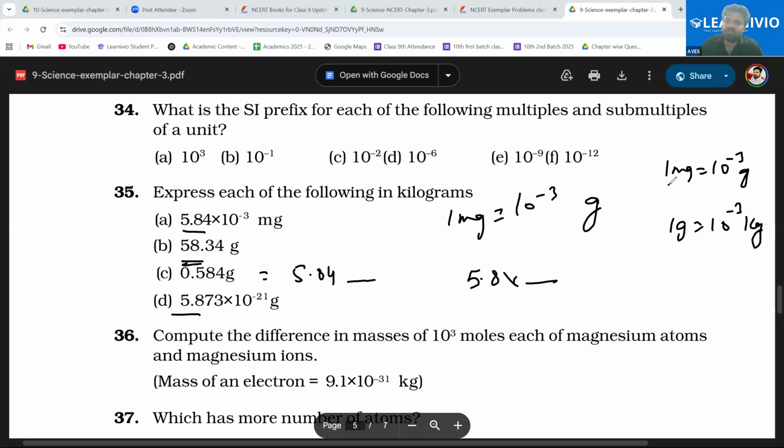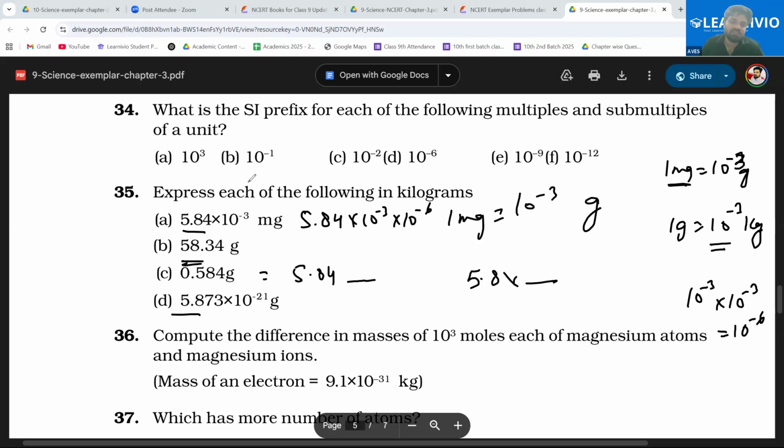So if you want to convert 1 milligram into kilograms, you have to multiply these two, 10 to the power minus 3 into 10 to the power minus 3. When you add the powers, you will get 10 to the power minus 6. So when you convert it into kg, you have to write 5.84 into 10 to the power minus 3 into 10 to the power minus 6.